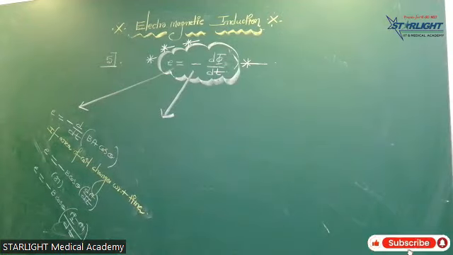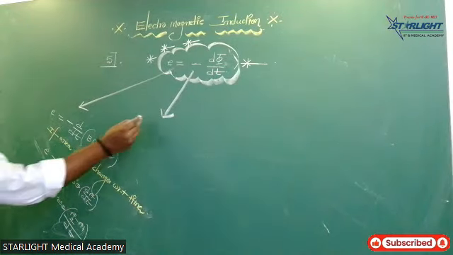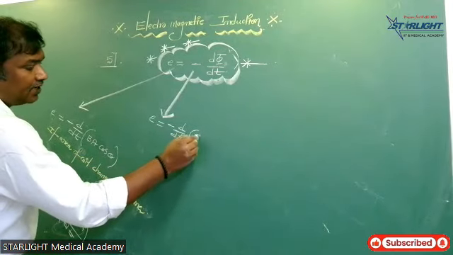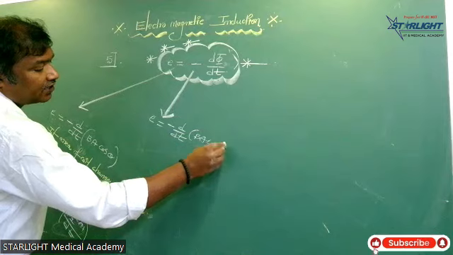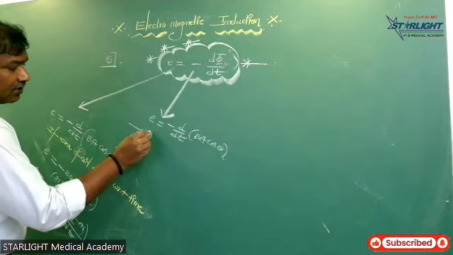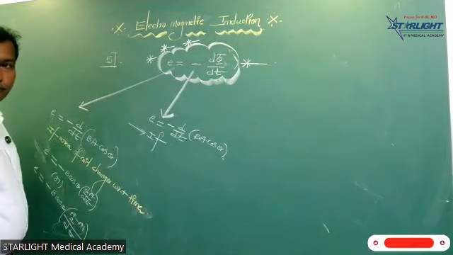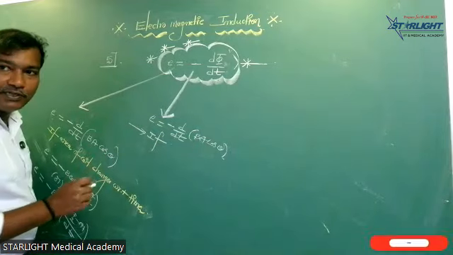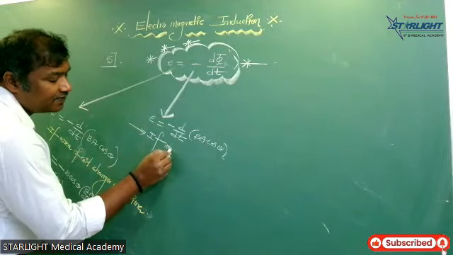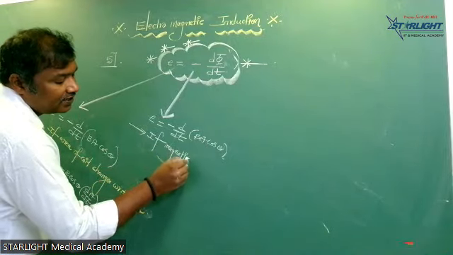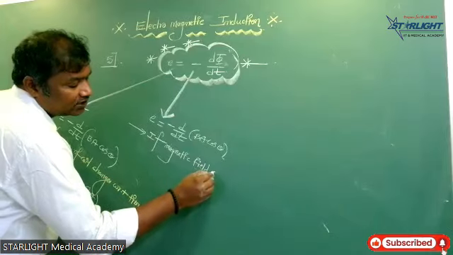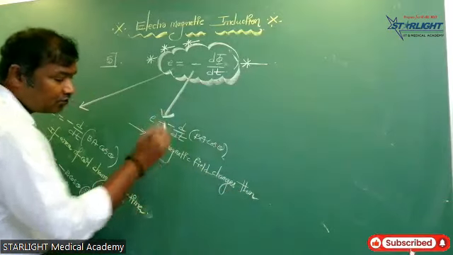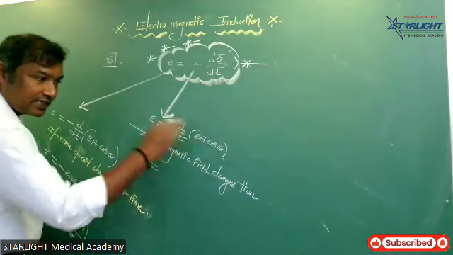In case the magnetic field changes, E is equal to, tell me the formula again, minus d by dt of BA cos theta. Suppose the magnetic field changes, B changes. If the magnetic field changes, then induced EMF is produced. E is equal to, what do we take outside?